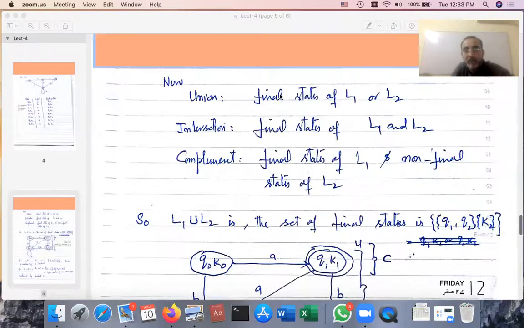That's why it is written here: final states of L1 or L2. So in union, you have to keep the final states of L1 or L2. You have to consider both.